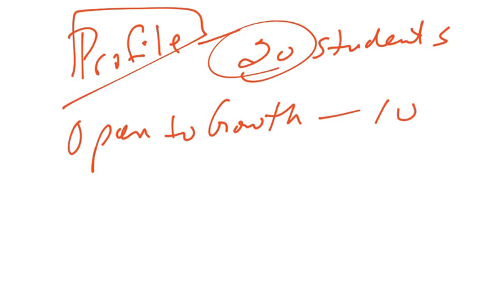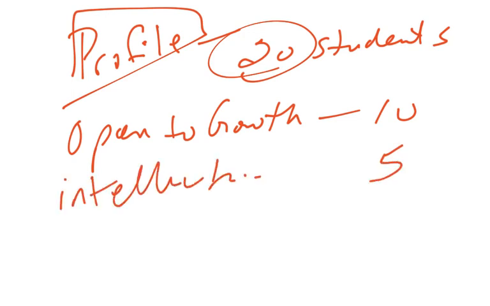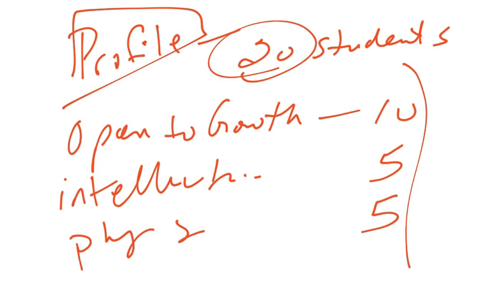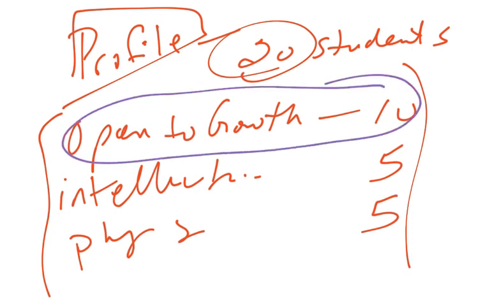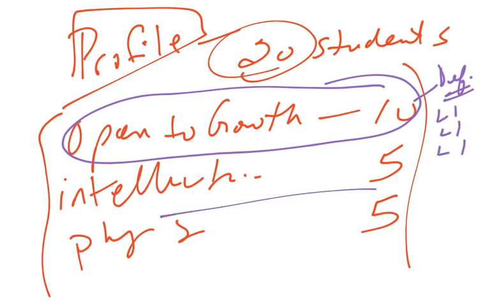And another 5 are intellectually competent, and then maybe another 5 are physically fit. So we're using now the profile to classify students. Once we get into this paragraph about open to growth, we need to first define what it means to be open to growth. And then we'll have our examples inside and follow the same pattern there.